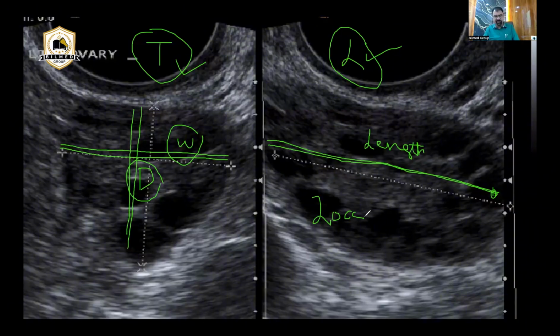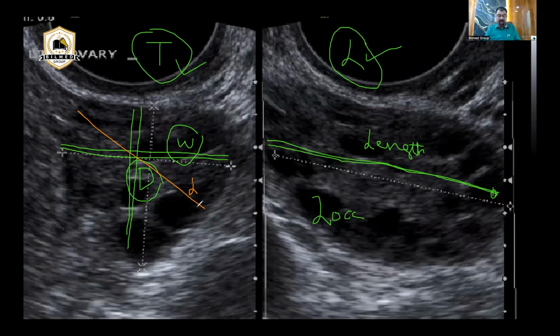But what if you are taking, let me choose another color, what if I take a measurement over here? For example, this is the length. In a transverse section, this length is not actually the length of the ovary, but the machine is born blind.